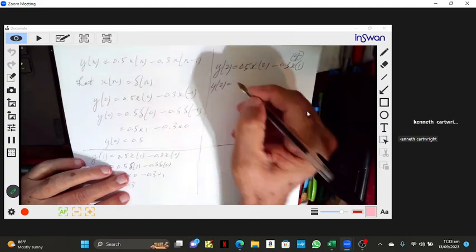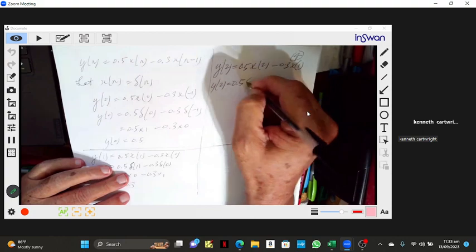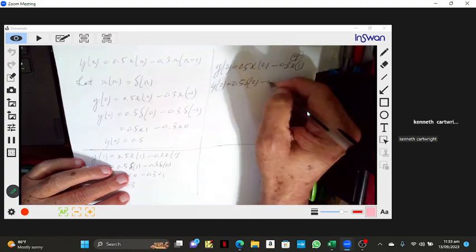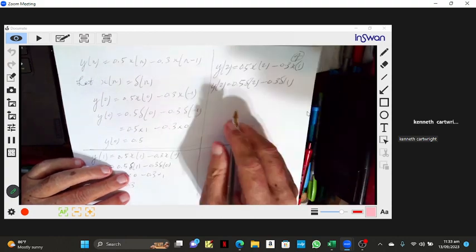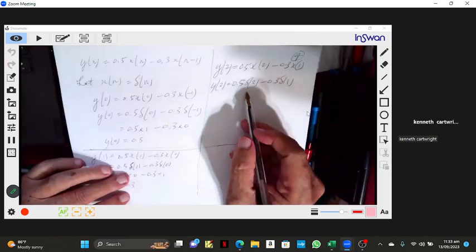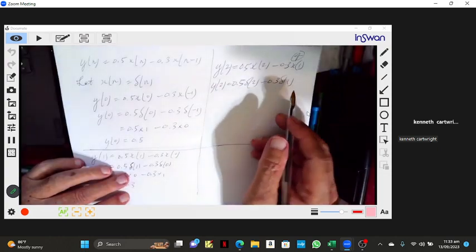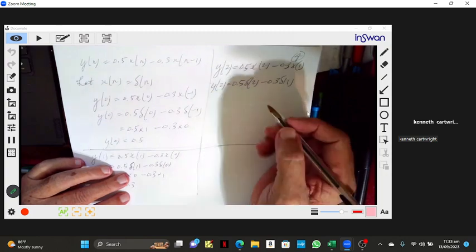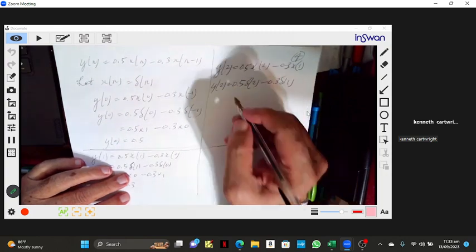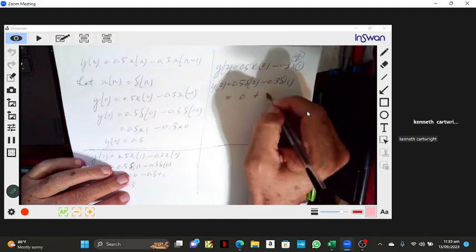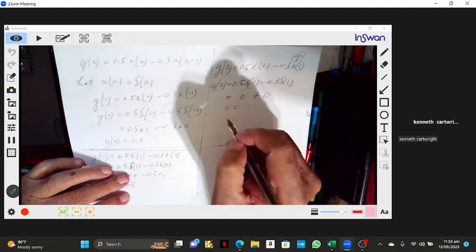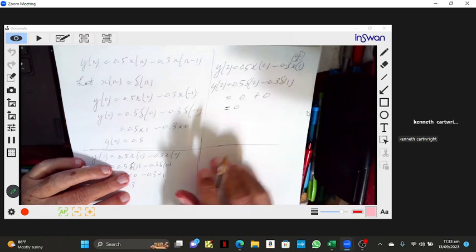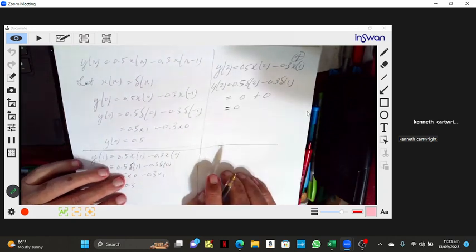So y of 2 equals 0.5 delta of 2 minus 0.3 delta of 1, and delta of 2 is 0, and delta of 1 is 0, because only delta of 0 is 1. So this is 0 plus 0 equals 0. So, Dr. Cartwright, everything else should be 0 also, right? Absolutely. Good for you for seeing that.